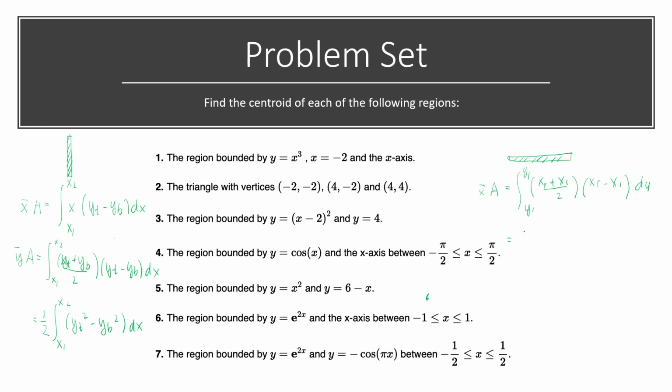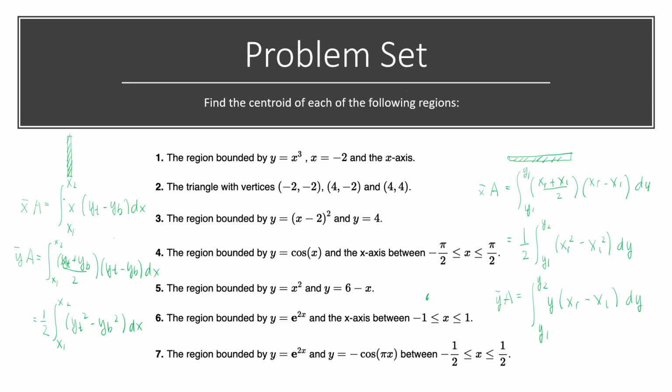In its simplest form, this would be one half the integral from y1 to y2 of (x right squared minus x left squared) dy. And for bar y, this is the counterpart of the x bar in the vertical strip, which is the easier version. This one is just the integral of y times (x right minus x left) dy from y1 to y2. This is the shortcut of all the shortcuts.